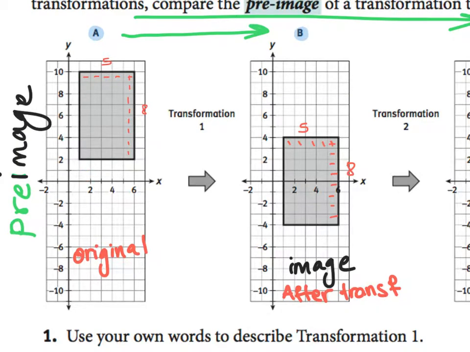So in this case, we call this transformation a rigid transformation, because the image has the same size and shape as the pre-image. It's still a 5 by 8 rectangle. So it maintained the size and the shape, but it's just shifted down in this case.